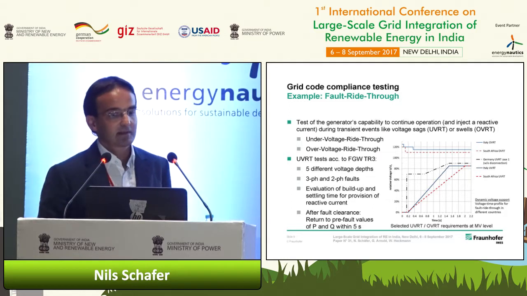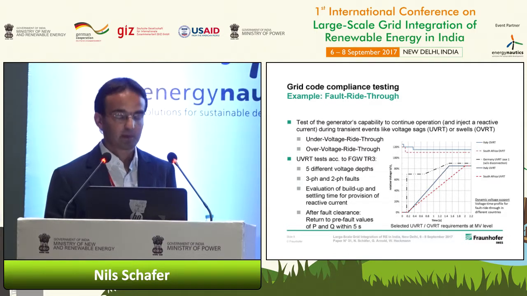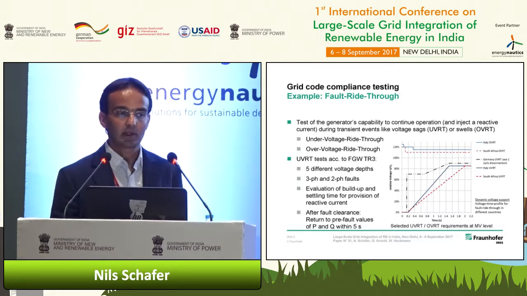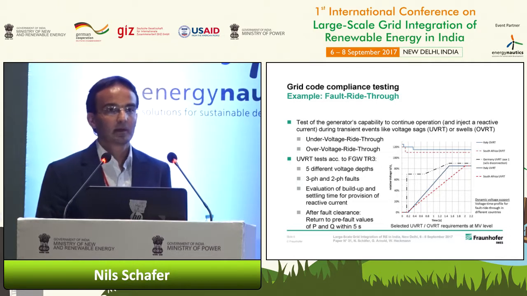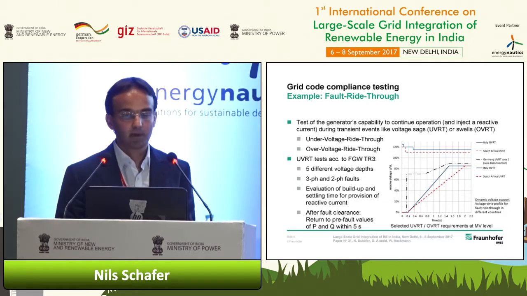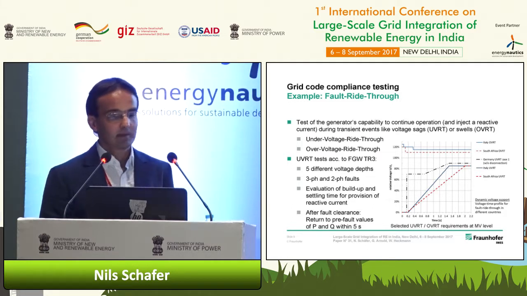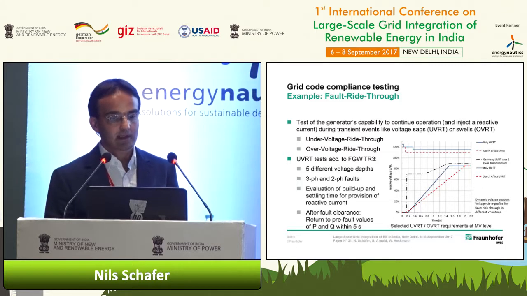For undervoltage ride-through in Germany, this is FGW-TR3. For these tests, 5 different voltage steps are necessary. We test at 0 to 5%, 25%, 50%, 75%, and 90 to 100%. These tests differ in their lengths. 3-phase faults and 2-phase faults have to be done. In the end we evaluate the build-up time and the settling time.